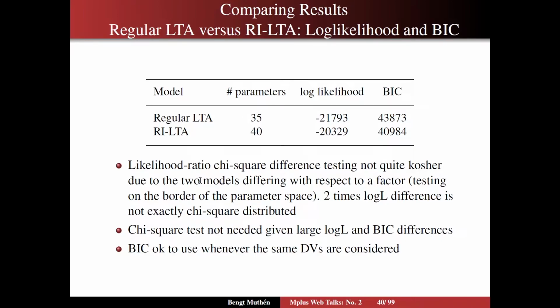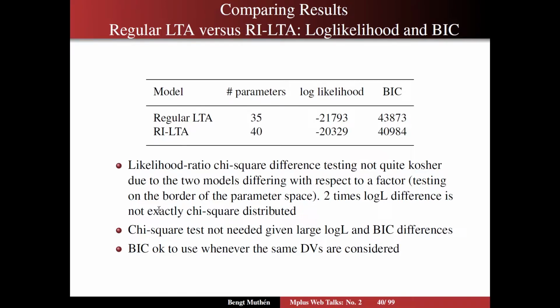Saying that that factor doesn't exist, which we say for regular LTA, means that we are testing on the border of the parameter space, which renders the chi-square distribution assumptions invalid. So it's not exactly chi-square distributed. It's probably not far from it, and it would actually be interesting to do a Monte Carlo simulation study to see how close or how far away it is from a chi-square distribution.